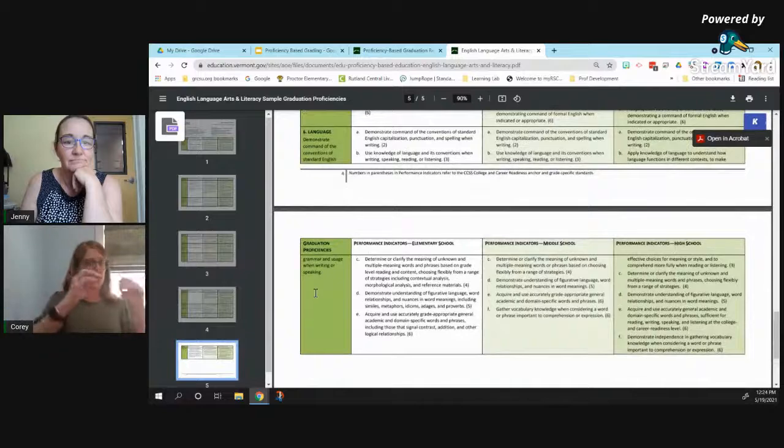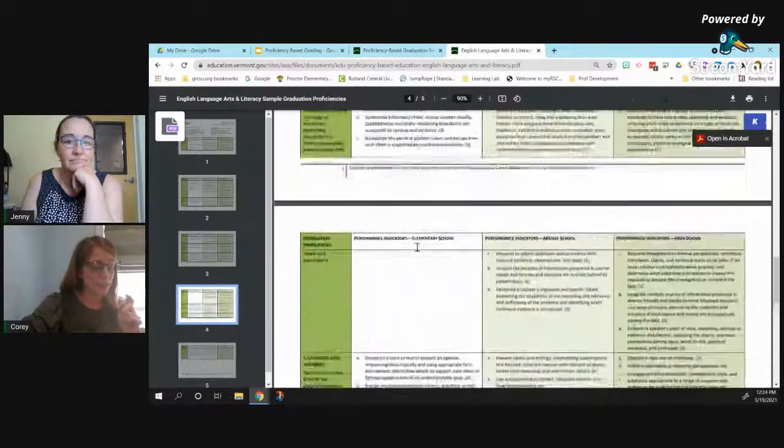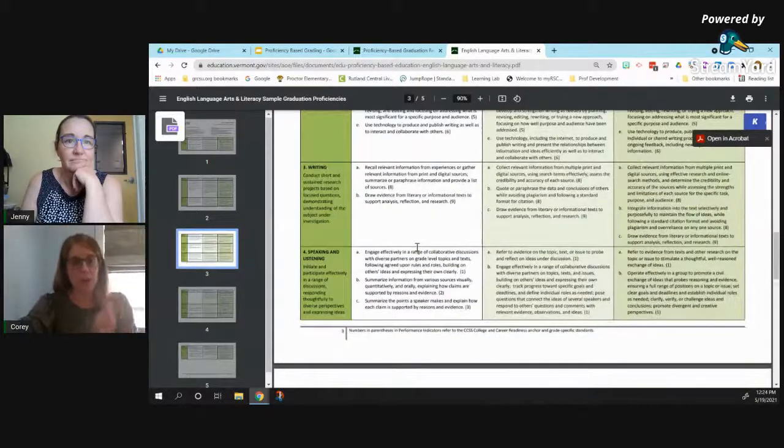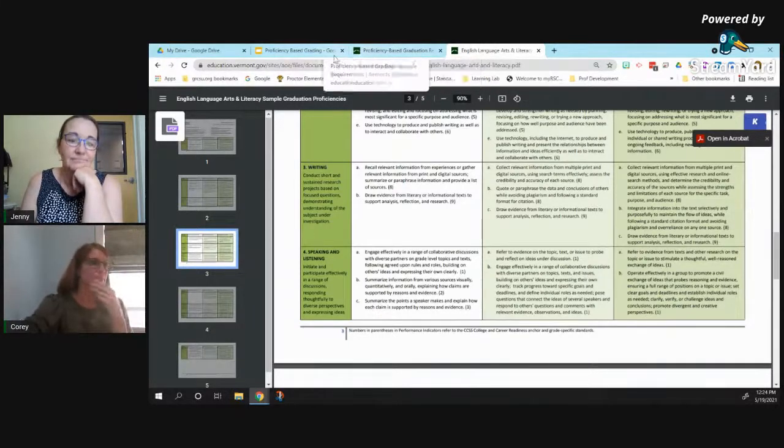So those are our proficiencies. They're a big overarching umbrella of a theme. Then you have your indicators, which is what kids need to know by the time they leave. And then you have your standards, which is grade specific. And when you talk about target skills or things like that, it's just kid-friendly language, like the I can statements.